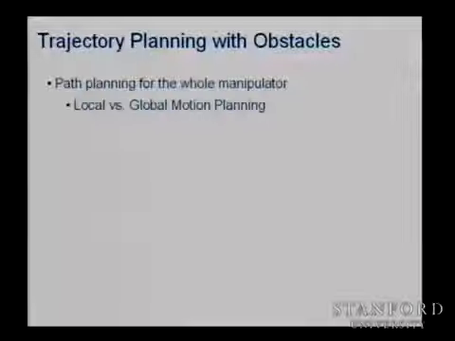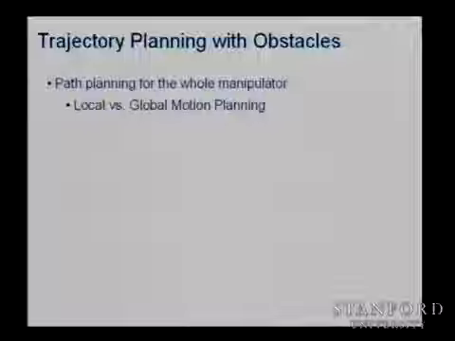So typically you do some sort of a combination between a global and a local motion planning. You're using global motion planning when you're moving in a relatively empty space, and you're not going to be hitting obstacles. And then when you get to the place where it's more cluttered with obstacles, then you switch to a local, more precise motion planning for the end effector only.